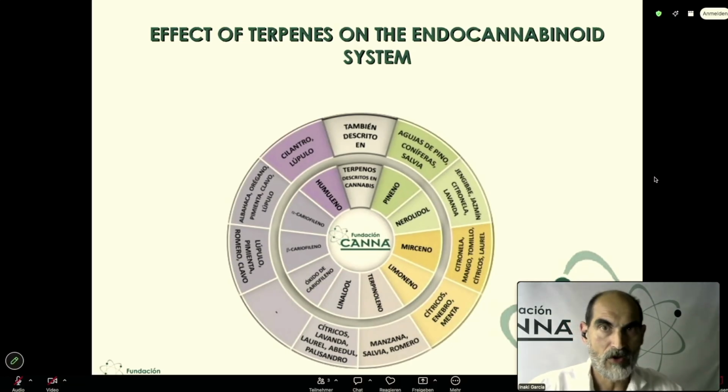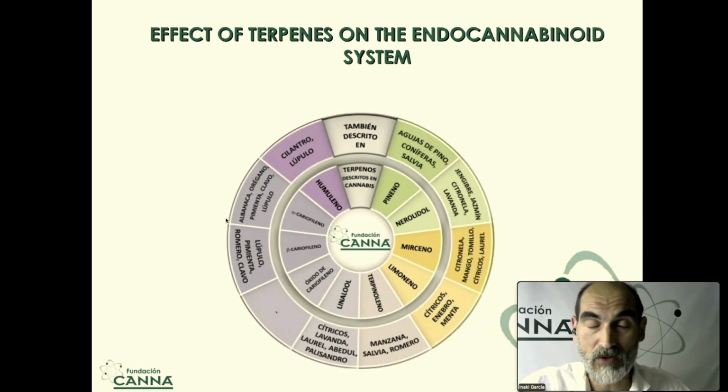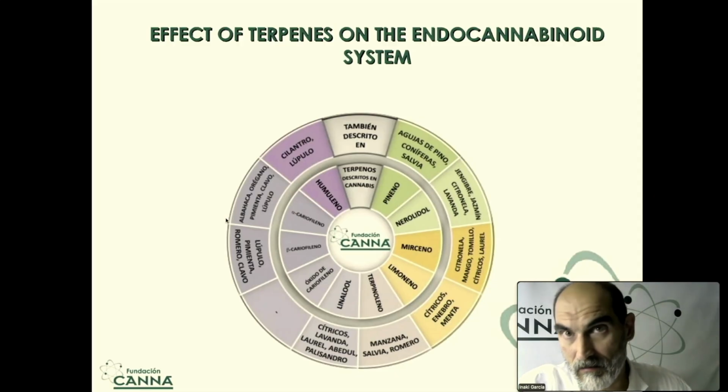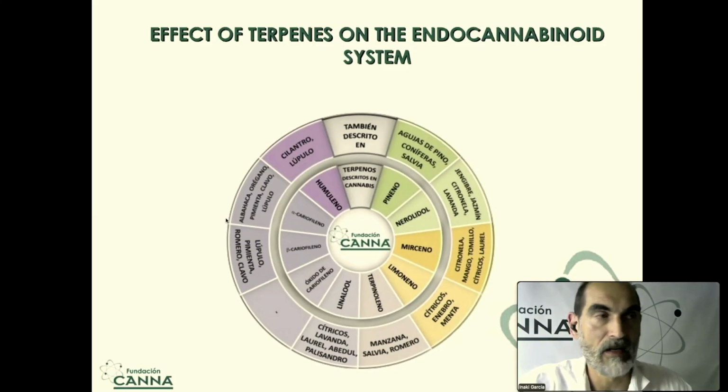So if I want to take the advantages of limonene with THC, why not take THC and inhale limonene from an essential oil, for example, from a citrus plant?